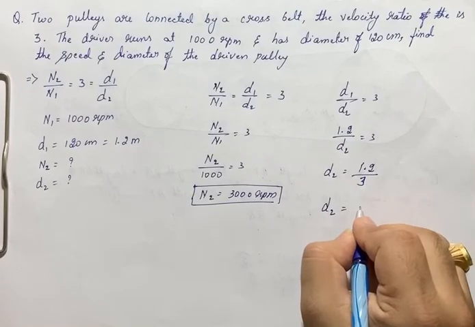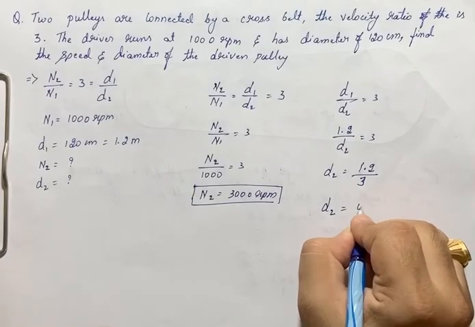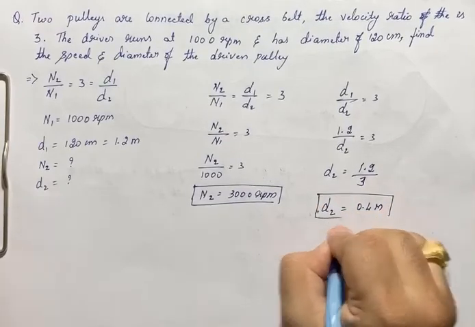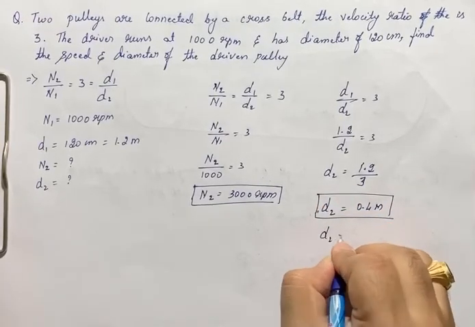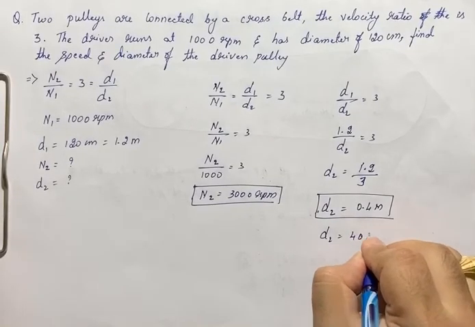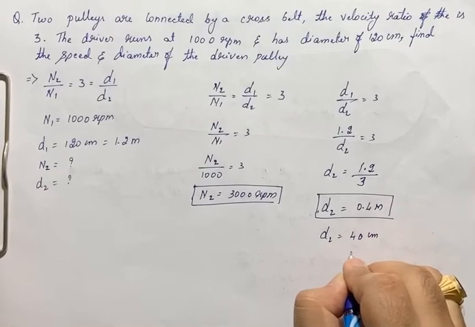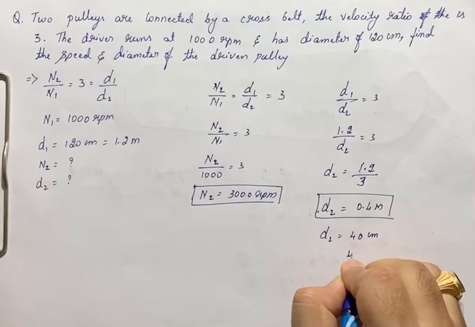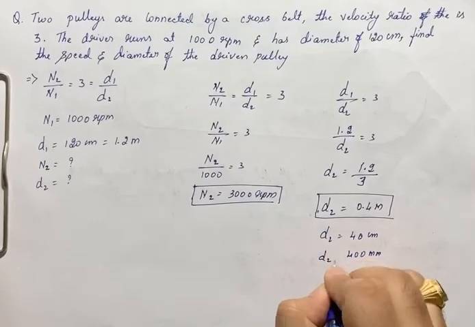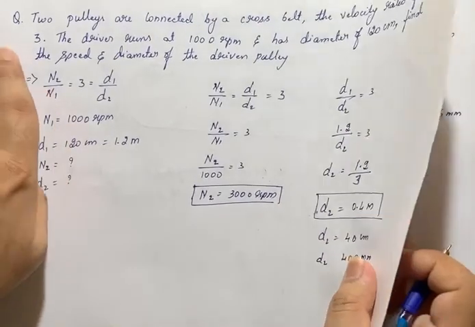That is 12 by 3, 4, so I will get 0.4 meter. That is D2 equals 40 centimeter or 400 mm. This is what D2 is. Next we will go to the next problem.